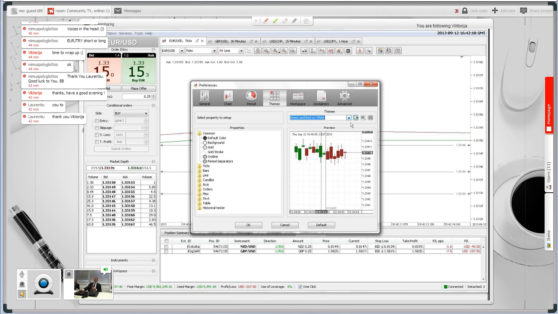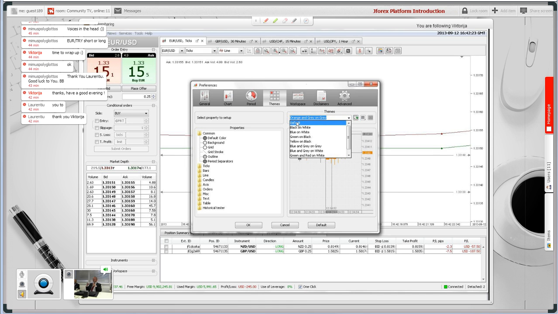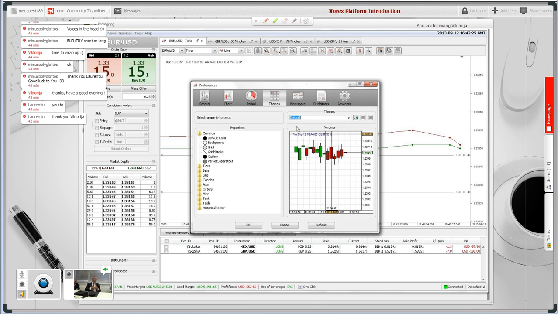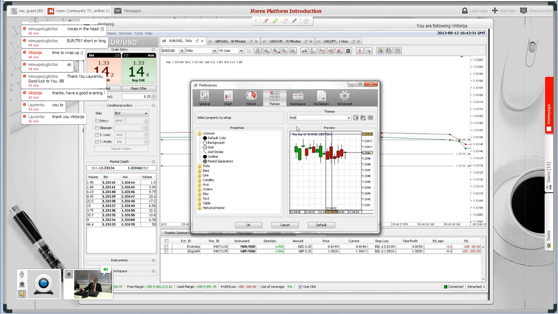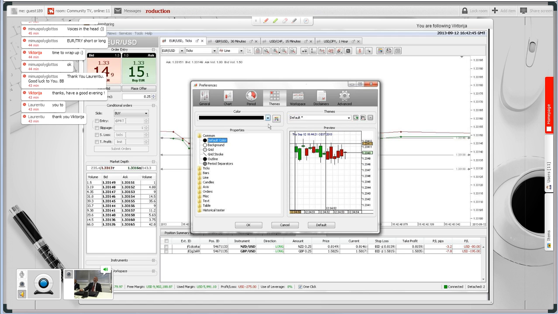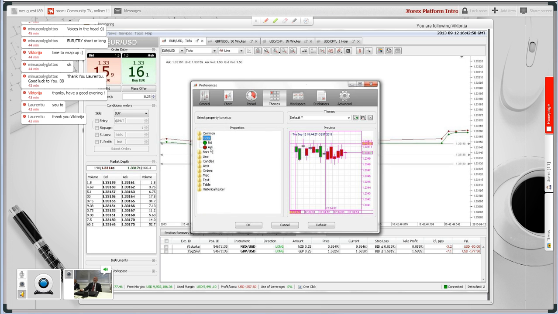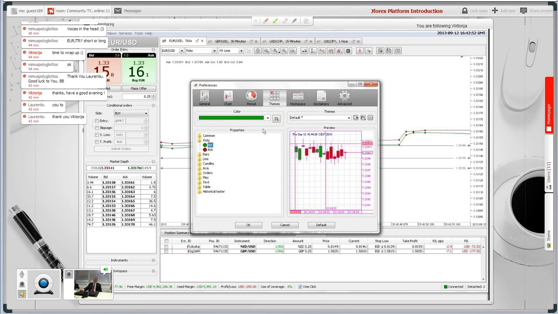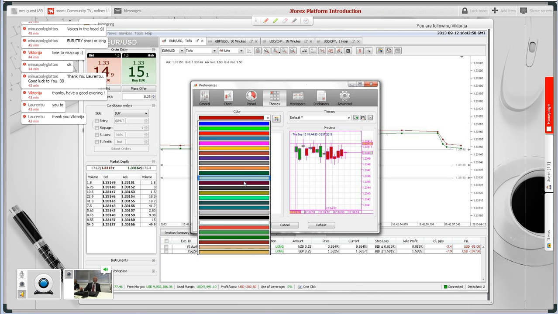What I can do also, which is very simple, I can go to the default one. I can create my own configuration, which I can call test. I will save it. And then if I go to the test or default here, I can change the default colors of the settings. In the ticks, no, I don't want green, I want yellow for whatever reason. The ask, I want, and you have it, and you change it.